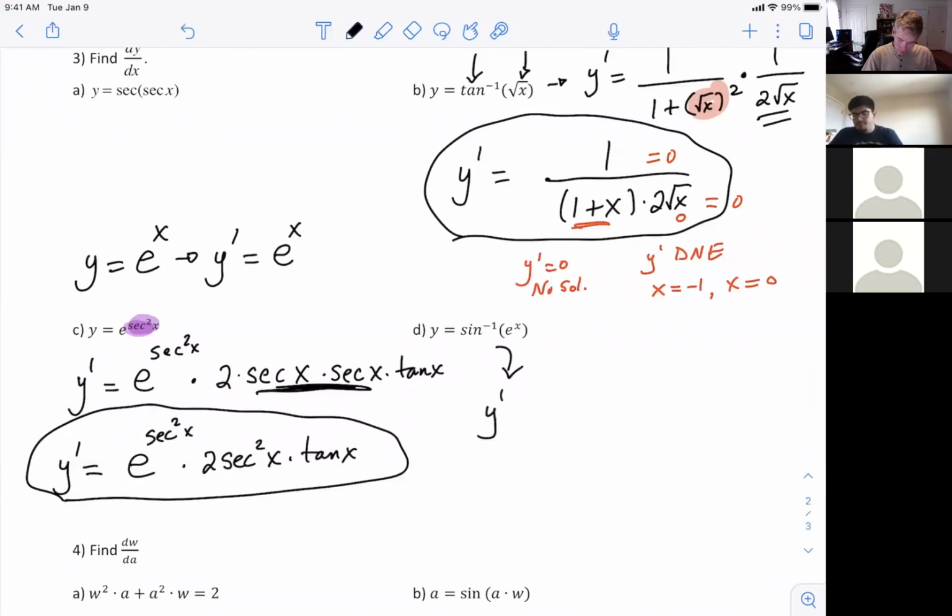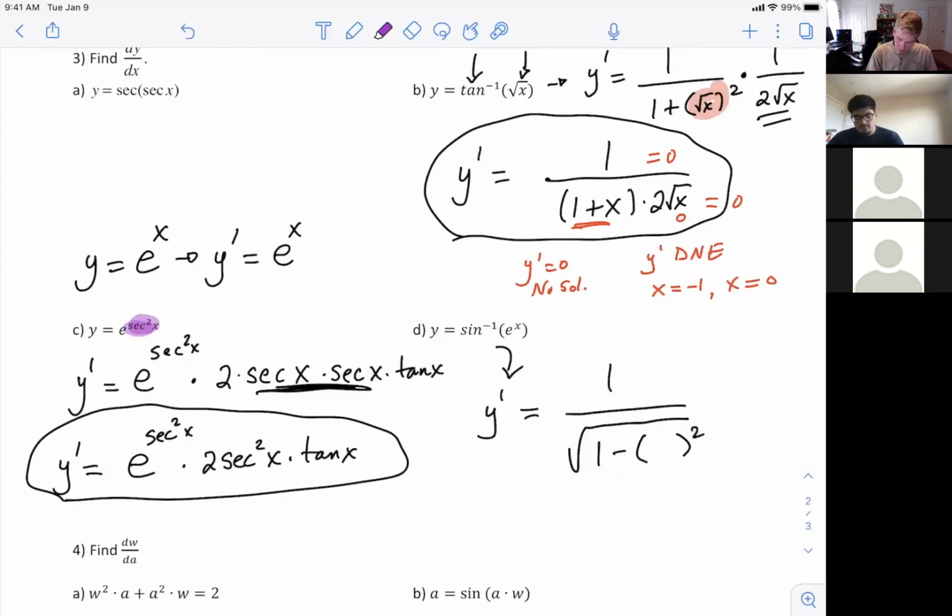So for this one, the derivative will equal 1 over the square root of 1 minus whatever gets squared. So that's essentially the derivative of sine inverse.